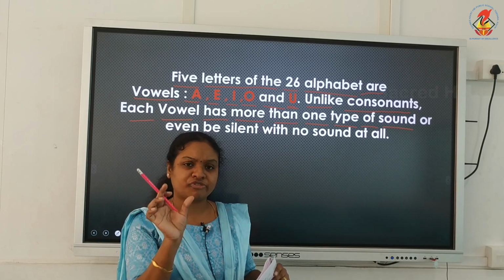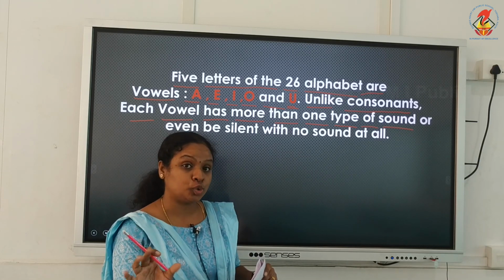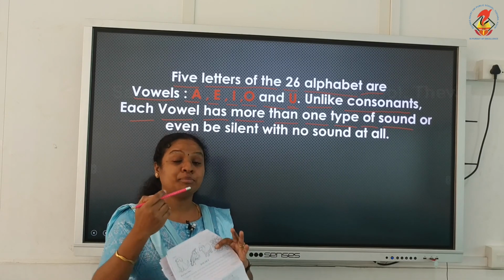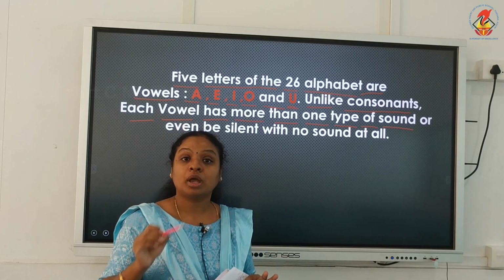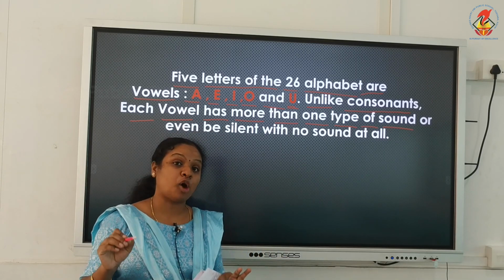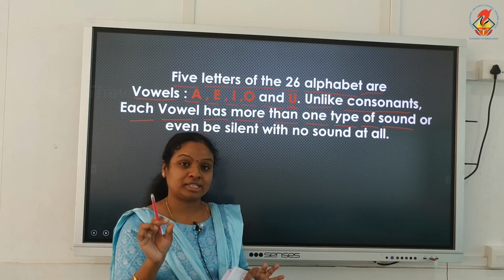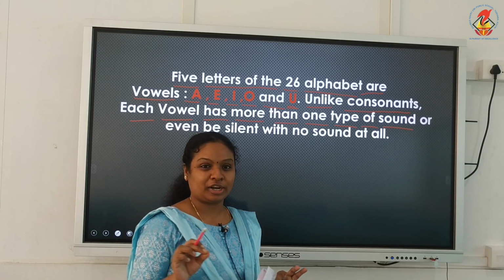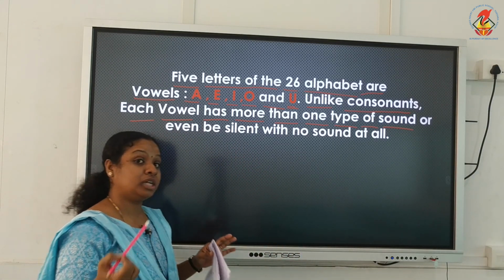The first letter is U, and the sound is U. Both words have the same letter but a different sound. For umbrella, U is the first letter but the sound is A. For uniform, the first letter is U and the sound is U.